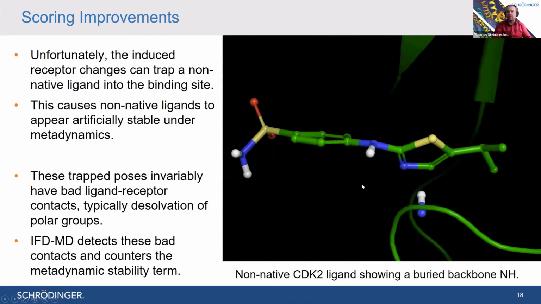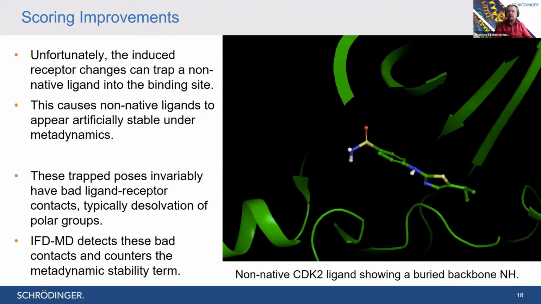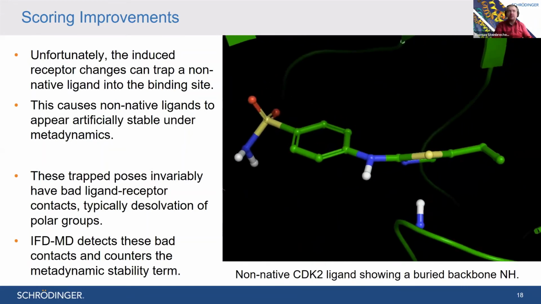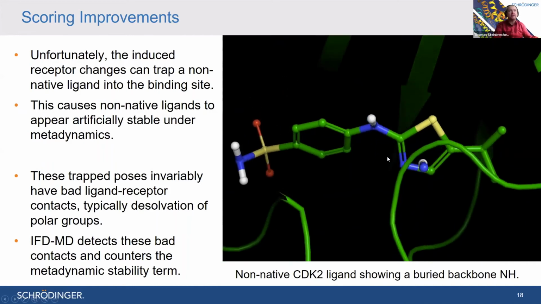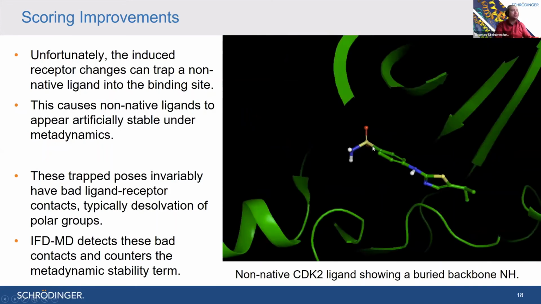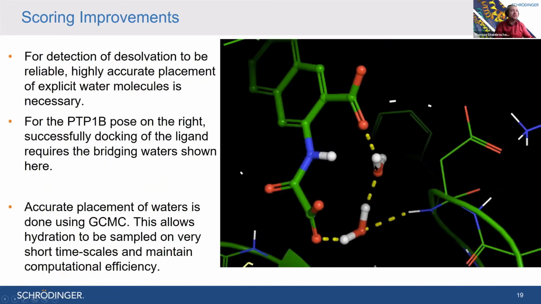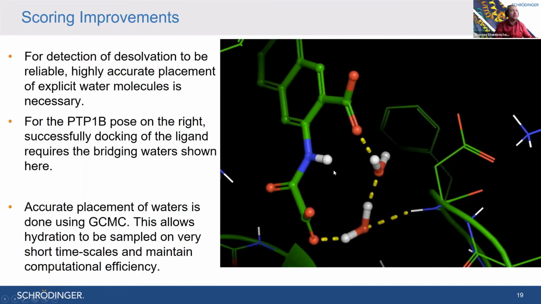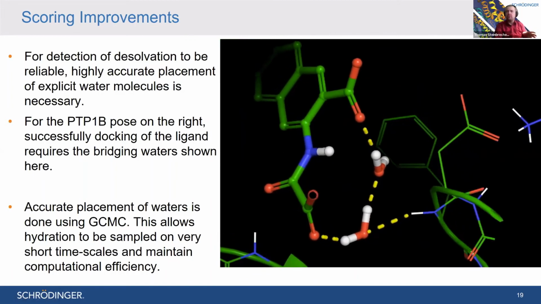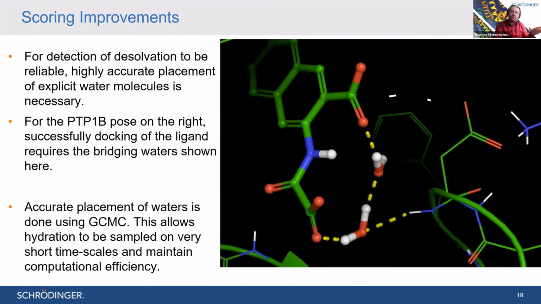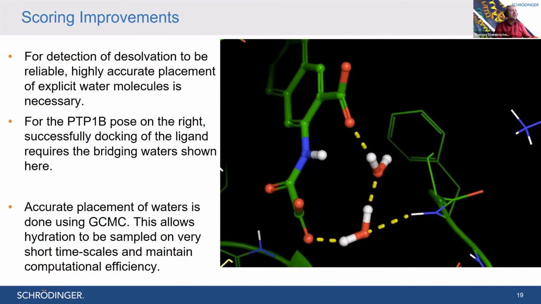So there are MMGBSA calculations that can do that. There is the W-score scoring function that is highly trained to identify such unsatisfied hydrogen bond donors and acceptors. But to properly do that, we need one additional step, which is to predict the water structure within the binding pocket as well, because the water structure will respond a lot to small changes in the receptor. It will respond a lot to how exactly the ligand is being placed.